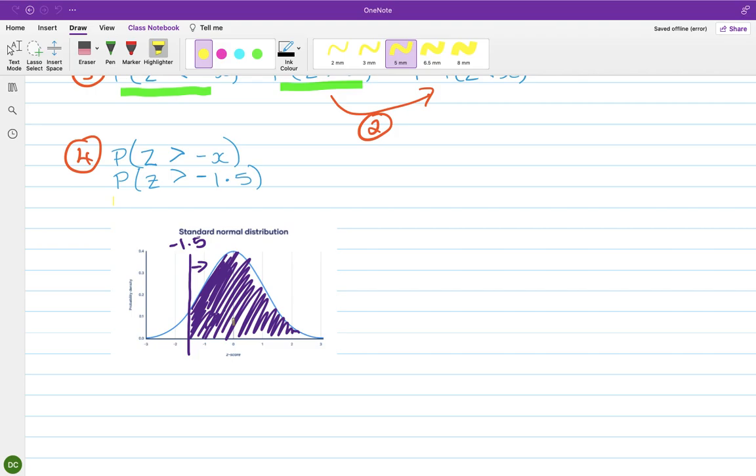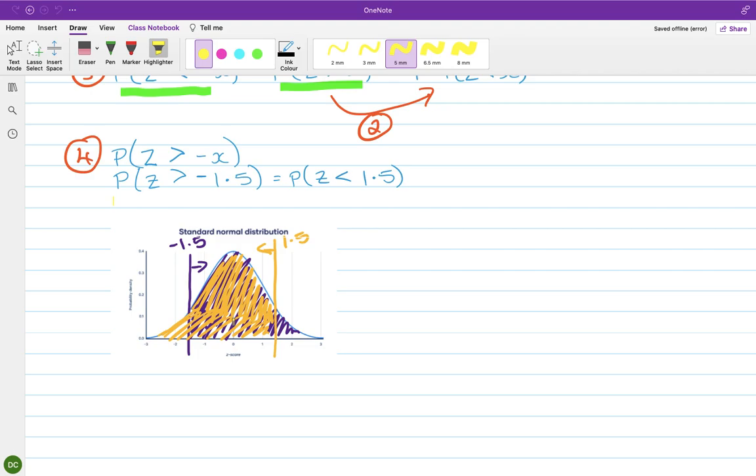So again, we look at the symmetry. So being on the right-hand side of minus 1.5 is the same as being on the left-hand side of 1.5. Yeah? So being greater than minus 1.5 is the same as being less than 1.5.